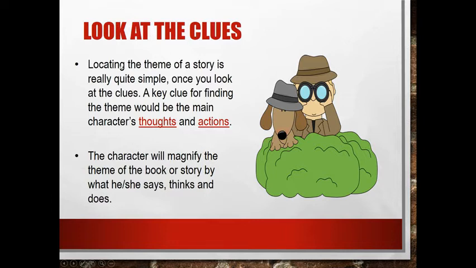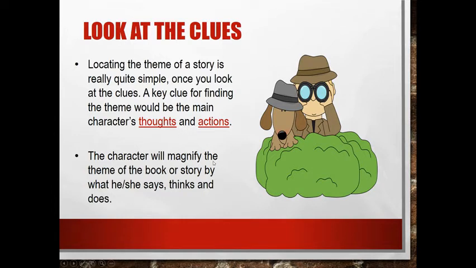Look at the clues. Locating the theme of a story is really quite simple once you look at the clues. A key clue for finding the theme would be the main character's thoughts and actions. Just like the thoughts and actions of a main character help us to identify their character traits, those thoughts and actions of a main character help us to identify the theme of a selection.